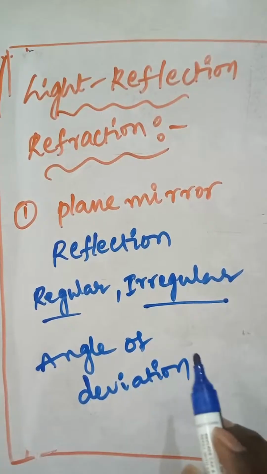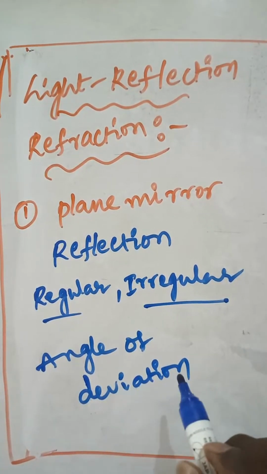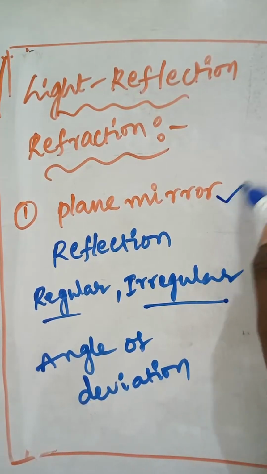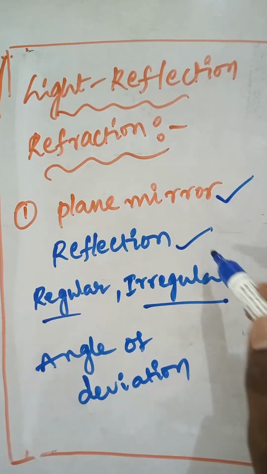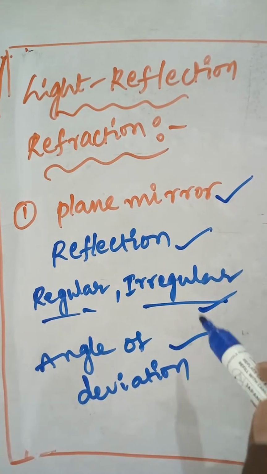These are very important. And plane mirror characteristics, the nature of the plane mirror, I'll also explain. So plane mirror, reflection, regular reflection, irregular reflection, angle of deviation, and one more point.